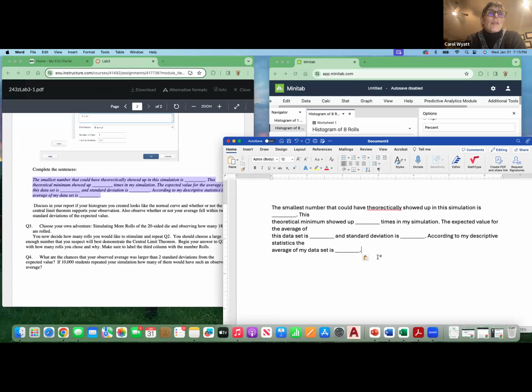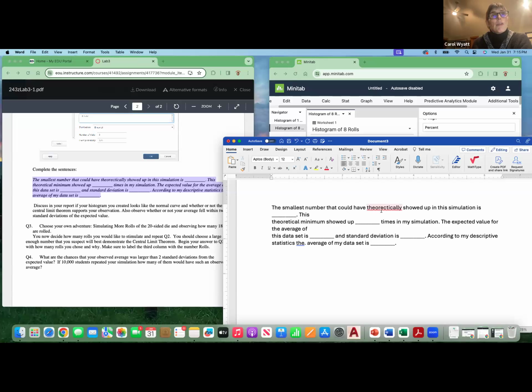So according to my descriptive statistics, let's take a look at that. Right, so the smallest number to show up is going to be 0.